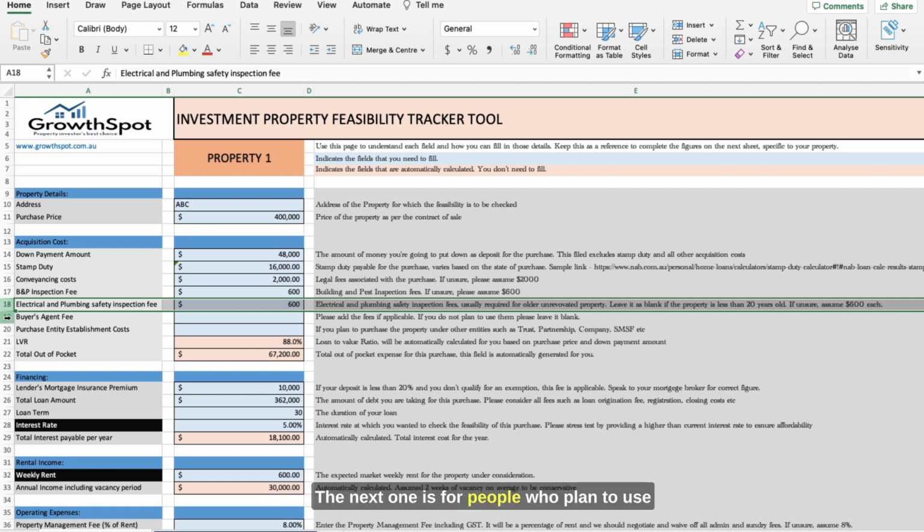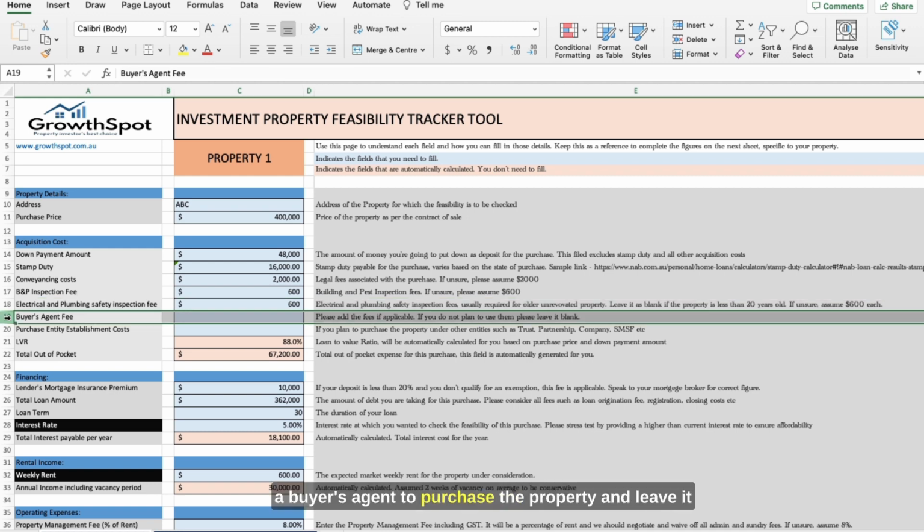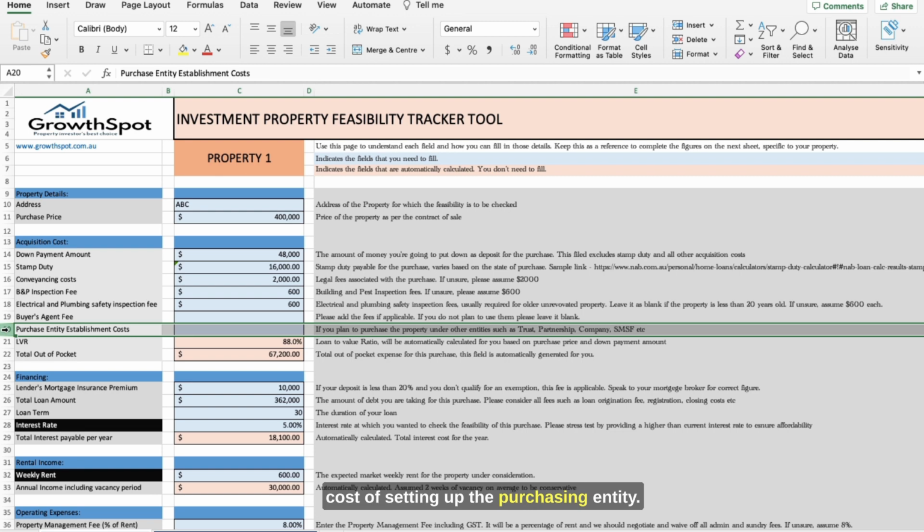The next one is for people who plan to use a buyer's agent to purchase the property, and leave it as blank if you're doing everything by yourself. The last one in this category is the cost of setting up the purchasing entity. Suppose you're buying the property under personal name. In that case, this is not applicable.